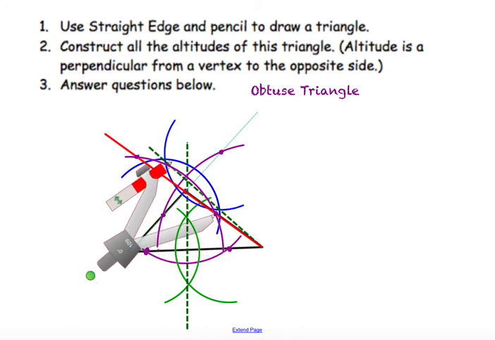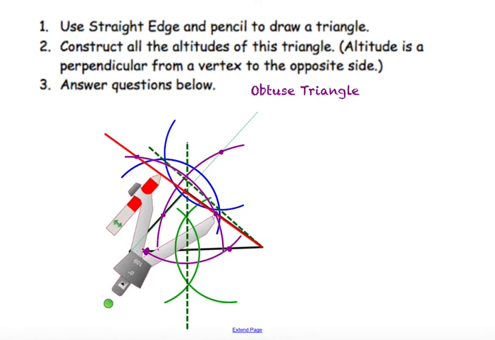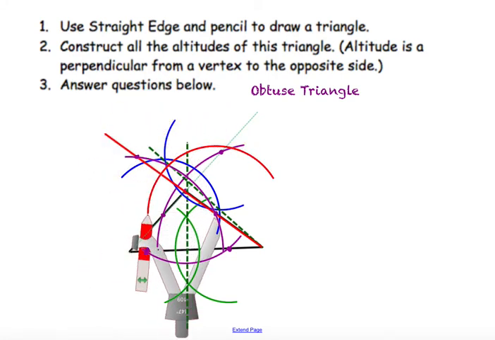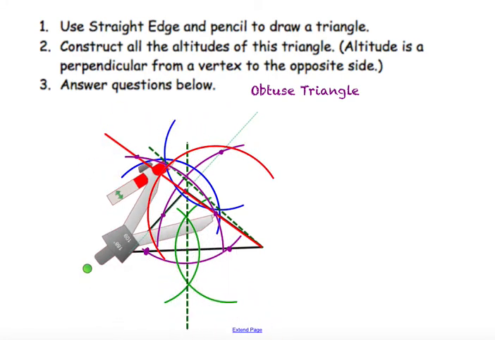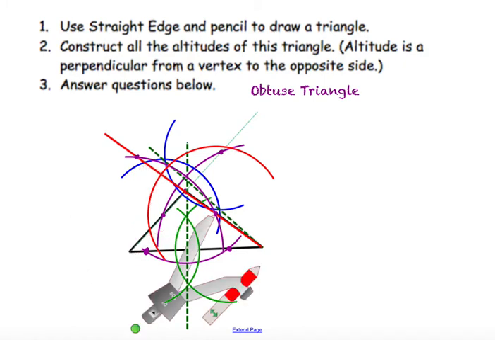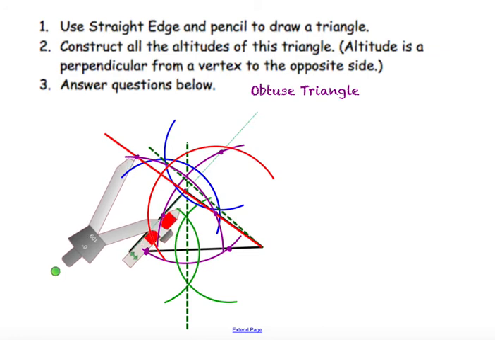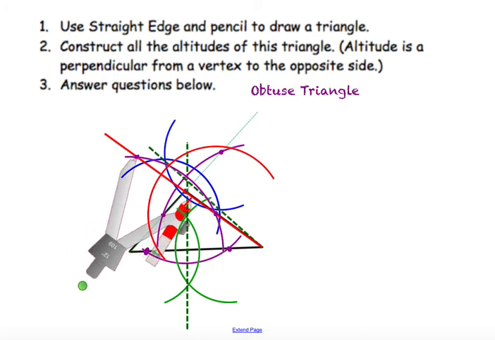Make sure it's more than halfway, but less than the whole way to the other point. And drawing one of my arcs, flipping that around. Bring it to the other dot. There we go.